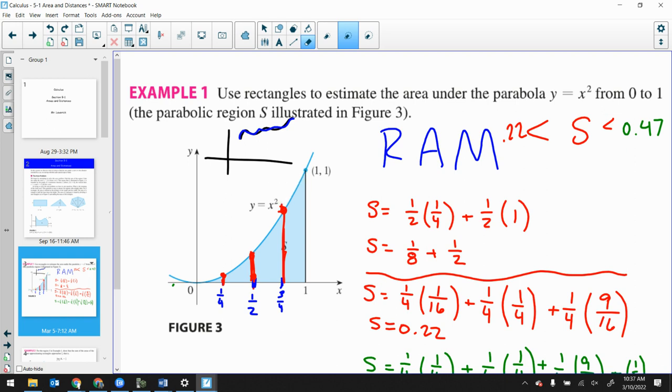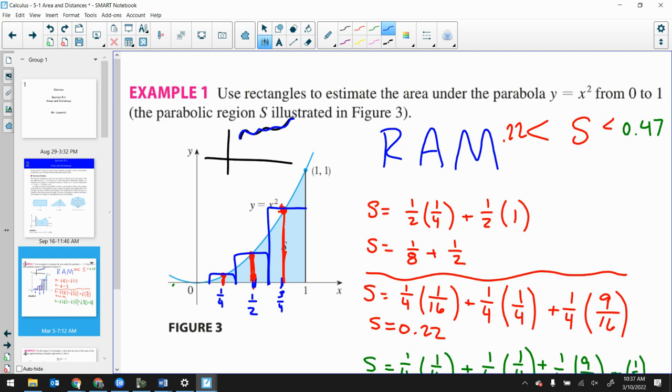That's actually finding these rectangles in there, because each of those points is still the height of that rectangle, and I still have the left and right as 1/4 in this case. But what I'm doing is taking the midpoints of each one.